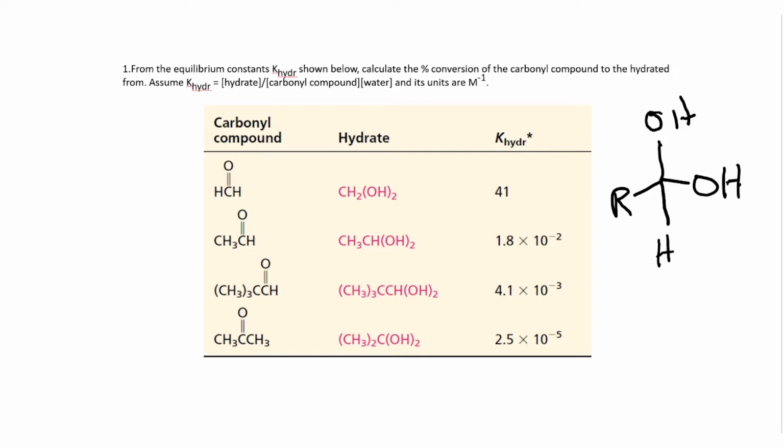And so you can actually measure the equilibrium constant, and the way you would do this is that aldehydes and ketones have a very nice absorption in the UV visible region. So by monitoring the absorption of the aldehyde, you can determine the equilibrium constant.